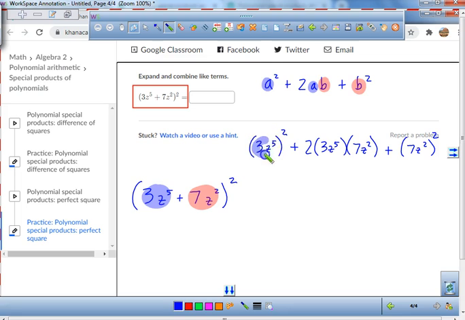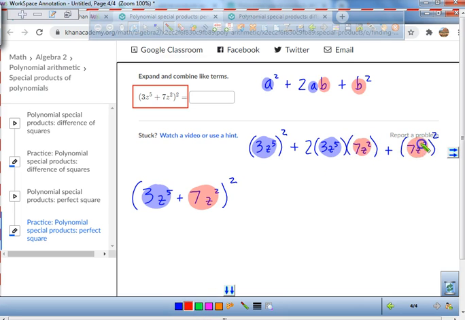So our a value is right here. Here's our other a value. This is our b value, and here's our other b value being squared.